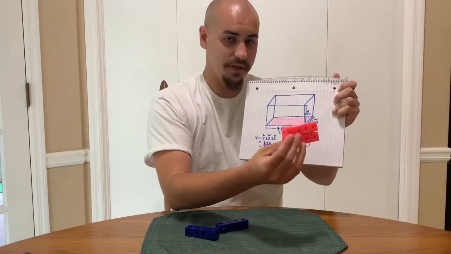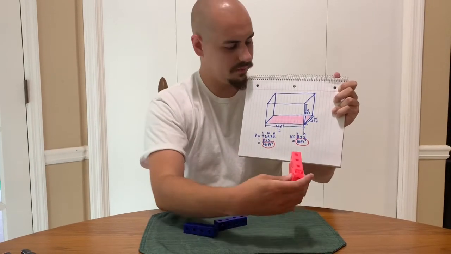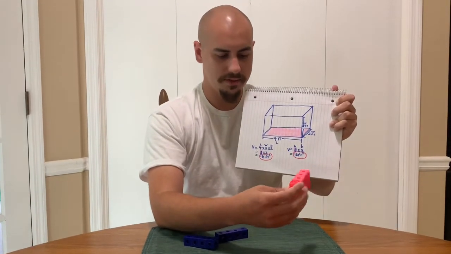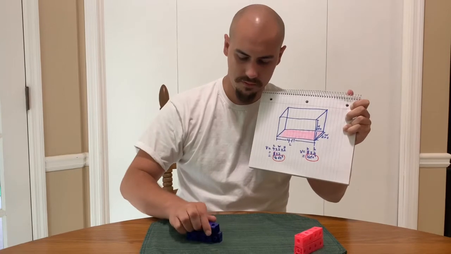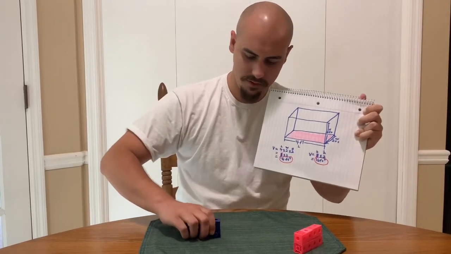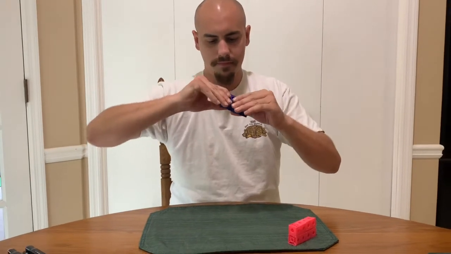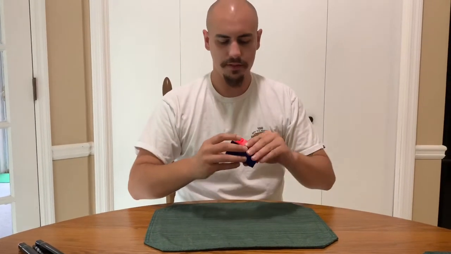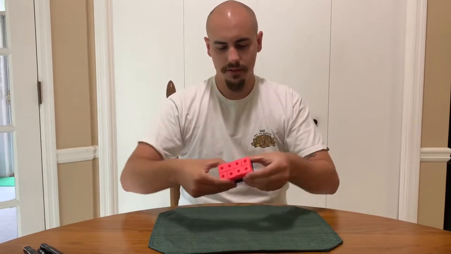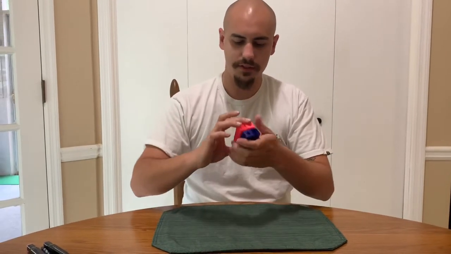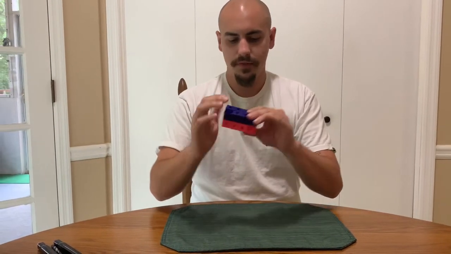But then also we have the width, and we know that it's 2 units wide. So we're going to combine these. And then if you put these together, you can see that I can attach them. You can see that this is the fish tank, essentially.